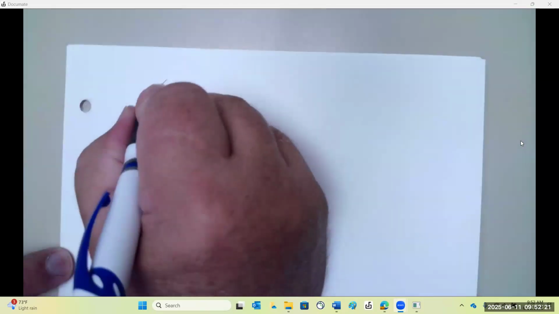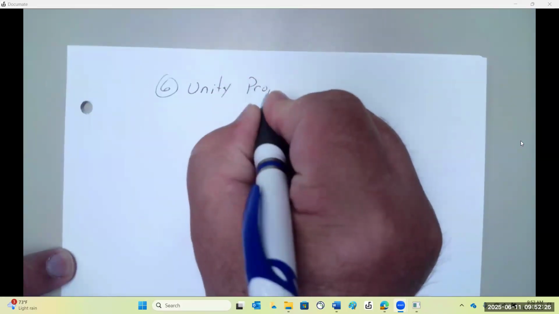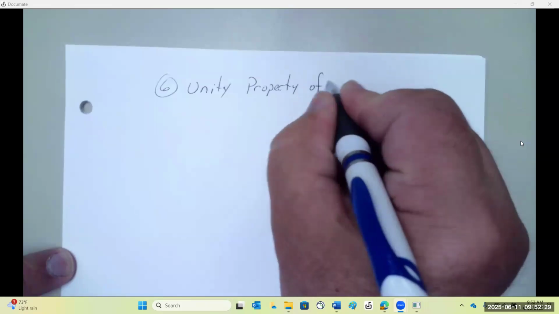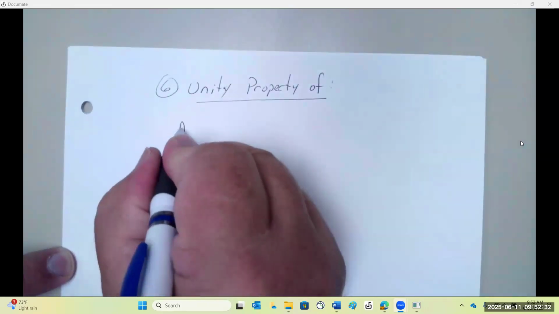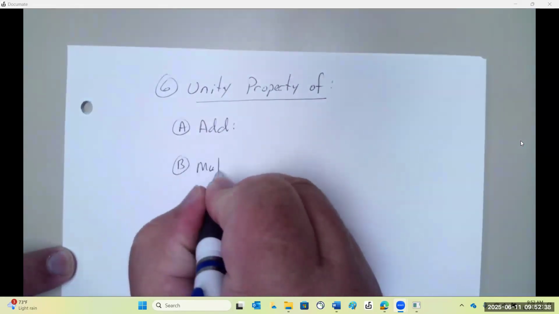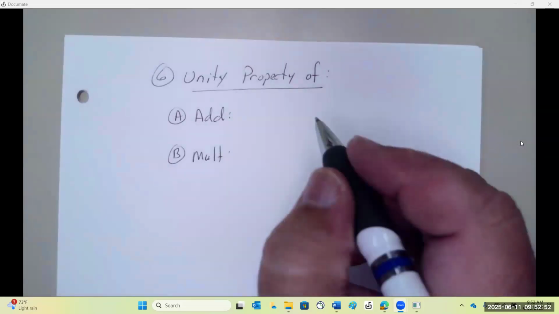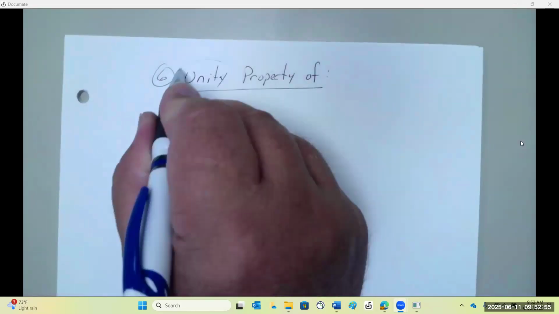Oh, unity. And the last one is called the unity property of addition and multiplication. There's unity.